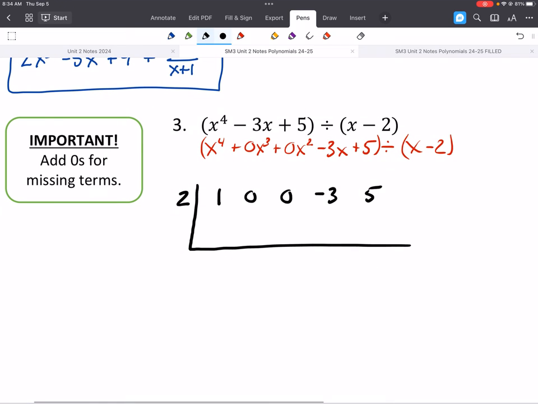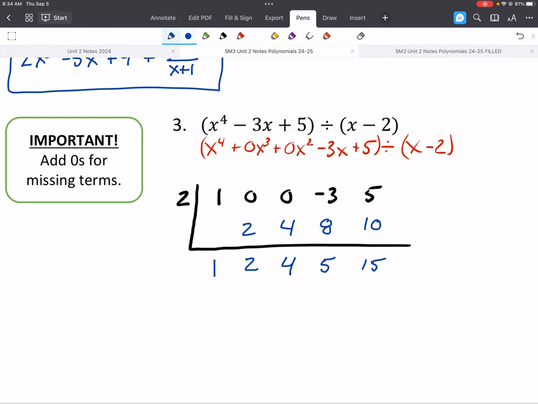And then we're going to synthetically divide. Okay, so we'll bring down the 1, and then, again, multiply, add, multiply, add, multiply, add, multiply, add.